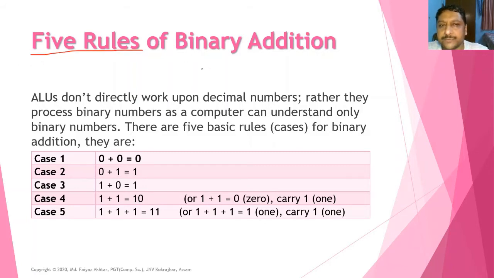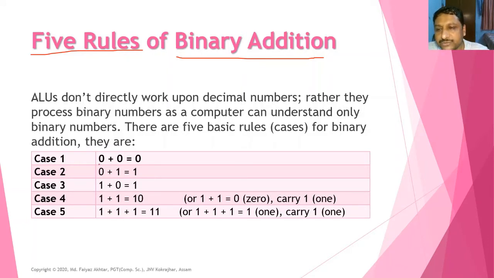ALUs or CPUs or computers don't directly work upon decimal numbers, rather they process binary numbers, as a computer can understand only binary numbers. So here we are doing binary addition to understand how a computer internally processes all those binary additions. See, the 5 basic rules of binary addition are like this.